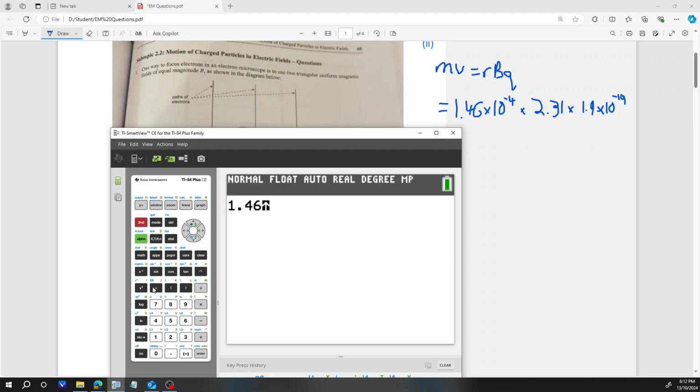I'm not used to this configuration. Times 2.31 times 1.6. I wrote 1.9, it's 1.6. I'll fix it up in a sec. I should say, let's use the scientific notation way of doing it, minus 19, you make fewer mistakes that way.